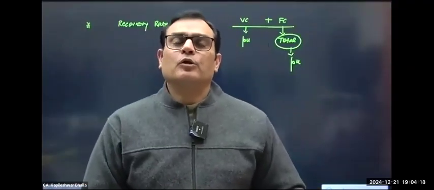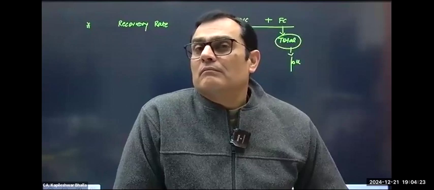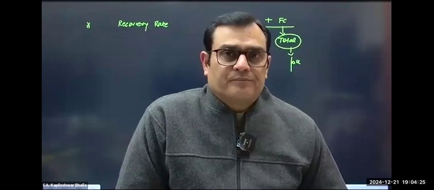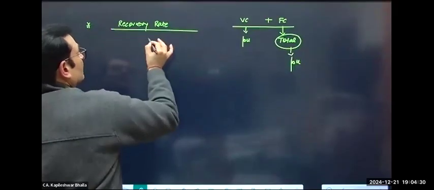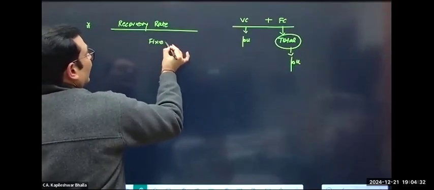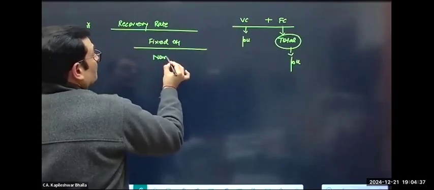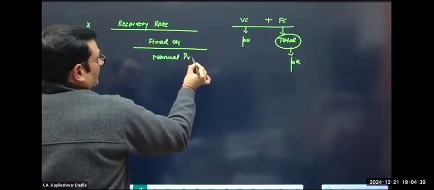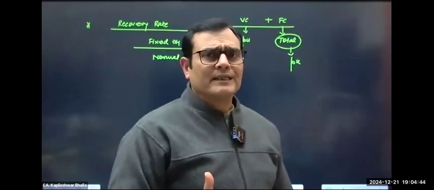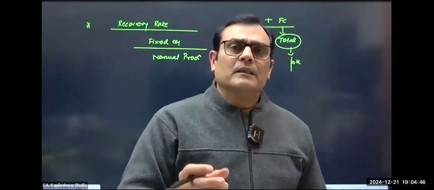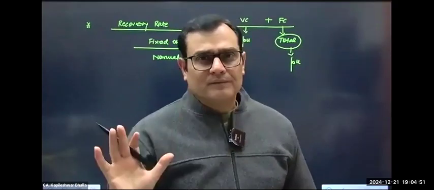Earlier, the thought process of the standard setters was that what you do in management accounting, if you want to calculate a recovery rate, you take your fixed overheads and divide it by the normal or budgeted production. So they decided to apply the same concept: divide your overheads by a normal level of production to get a recovery rate.